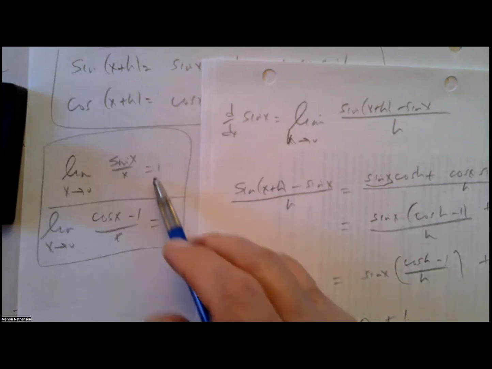Cosine h minus 1 over h goes to 0. Cosine x doesn't depend on h, and sine h over h, as h goes to 0, is 1. This is cosine x times 1, so this is cosine x.